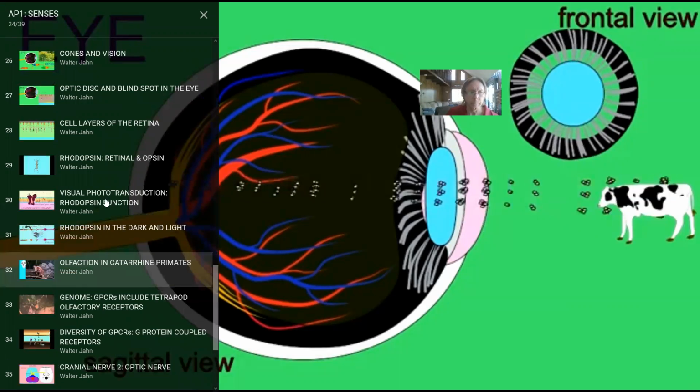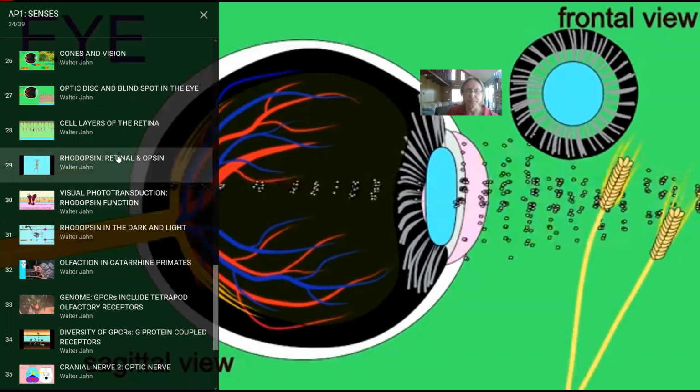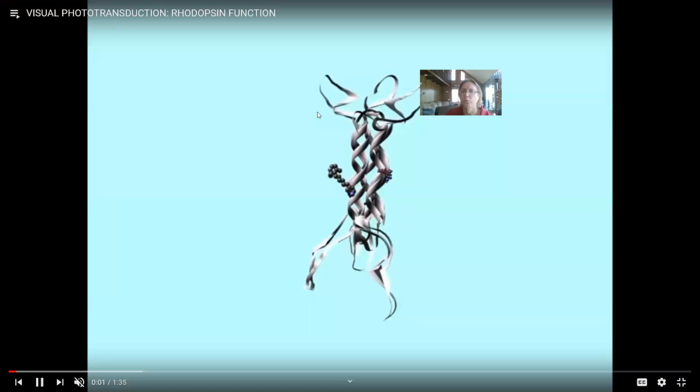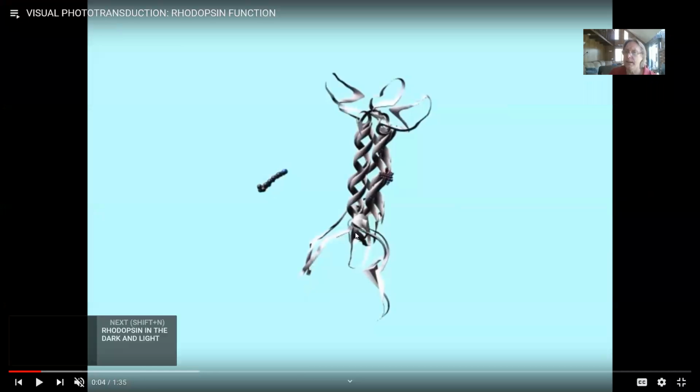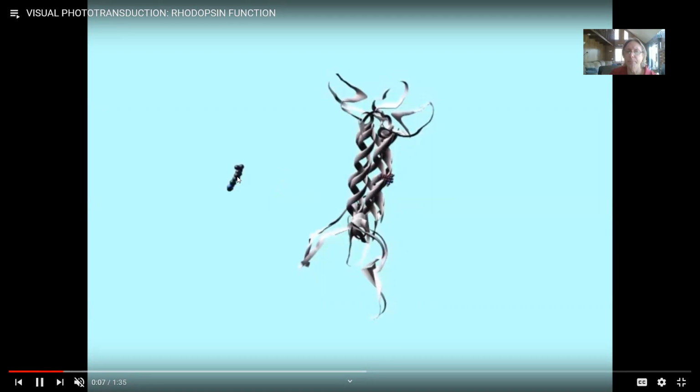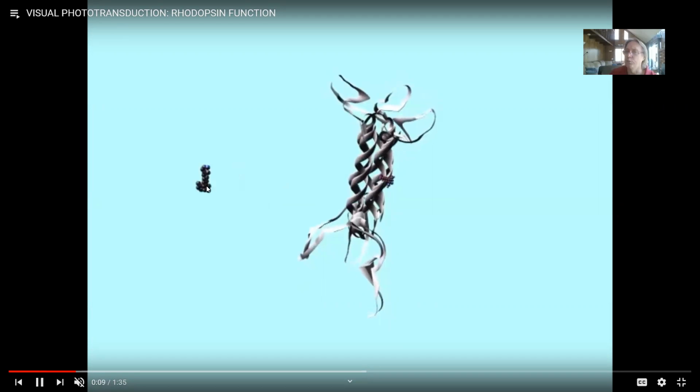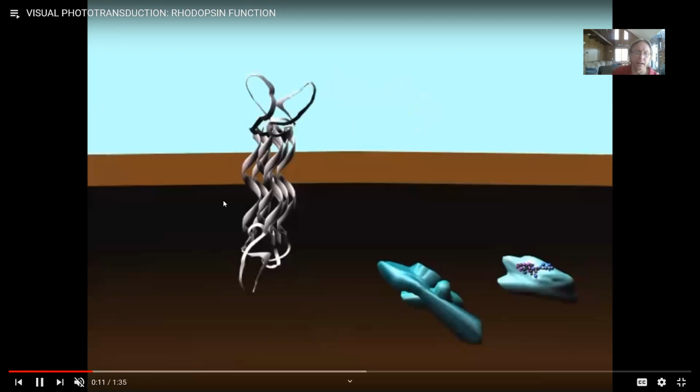Okay. Let me just say something about the actual molecules which are detecting light before we go to the parts of the brain which process it. So rhodopsin, let's talk about the opsin in rods. We have that name because there's a protein called an opsin, right? It's a G protein coupled receptor. And then it binds to something known as retinol, which is derived from vitamin A. That's a reason vitamin A is important.